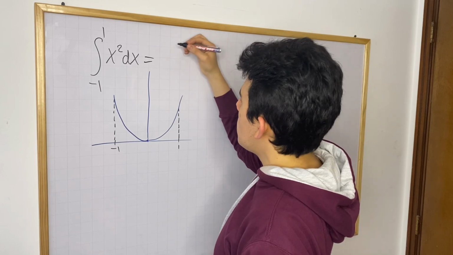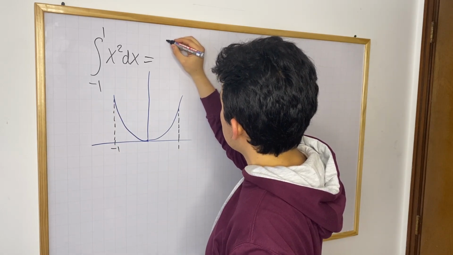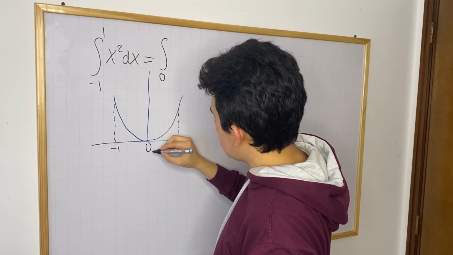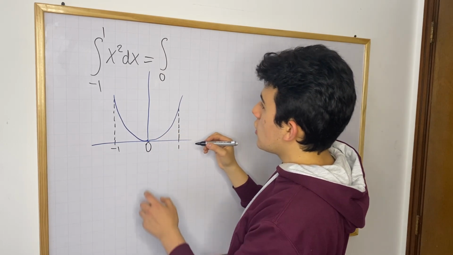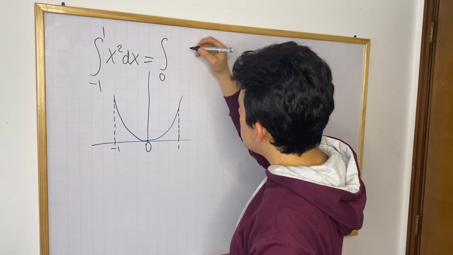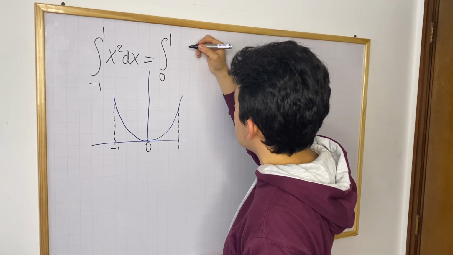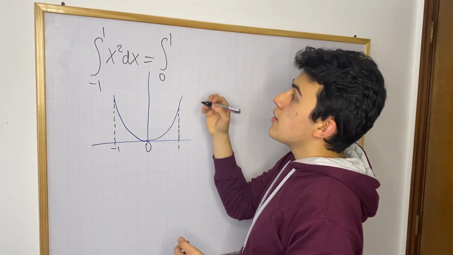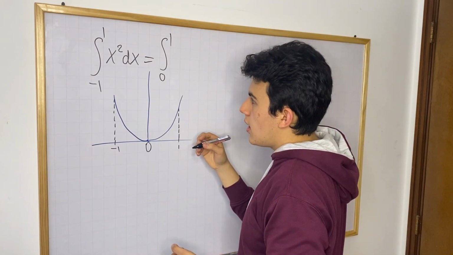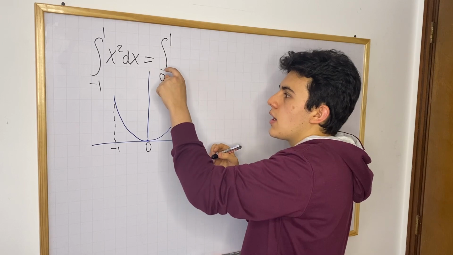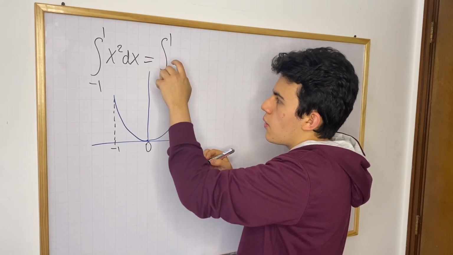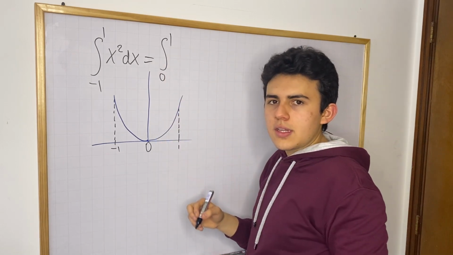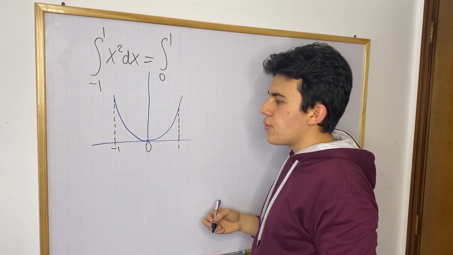So the definite integral can be computed as the definite integral from 0 all the way up to 1. Actually, never mind, you cannot write plus or minus 1. I want to emphasize that you can go from -1 to 0 or from 0 to -1, but you cannot go from 0 to plus or minus 1, okay, that would not work.